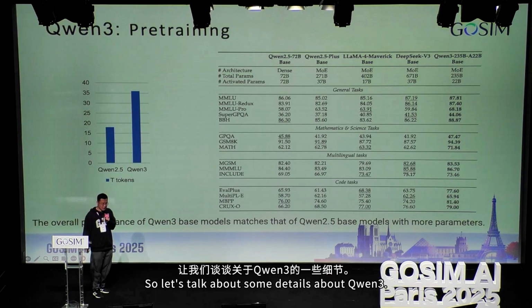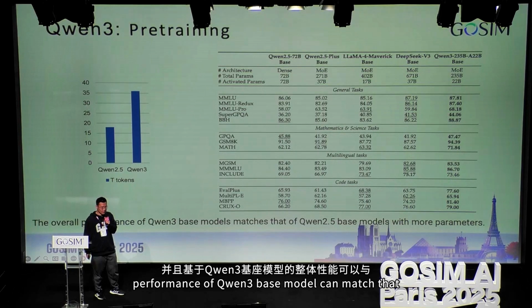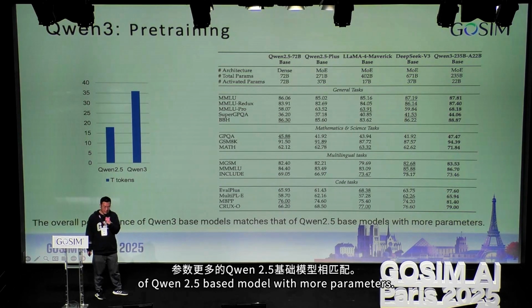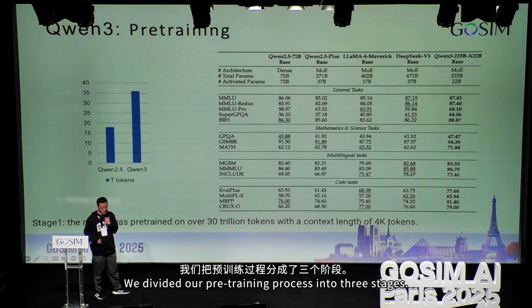So let's talk about some details of Qwen 3. For pre-training, this time we used over 30 trillion tokens, and the overall performance of the Qwen 3 base model can match that of the Qwen 2.5 base model with more parameters. We divided our pre-training process into three stages.